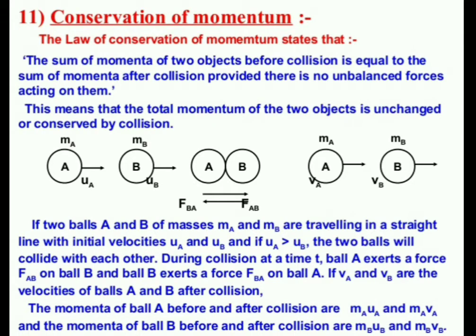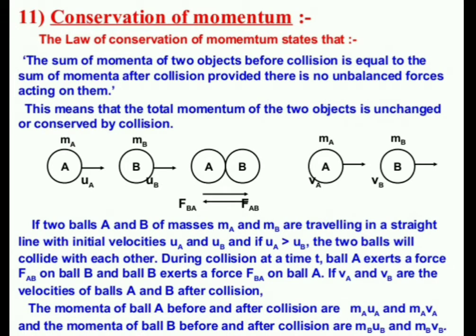If either ball exerts a greater force, it can change their momenta. So this is before and after the collision, where we observe the initial and final velocities. After collision we get VA and VB, the final velocities.